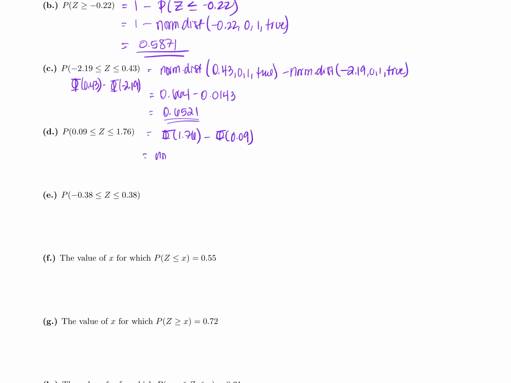So this one would be norm.dist of 1.76, 0, 1, true minus norm.dist of 0.09, 0, 1, true, which is 0.9608 minus 0.5359 for a total probability of 0.4249.